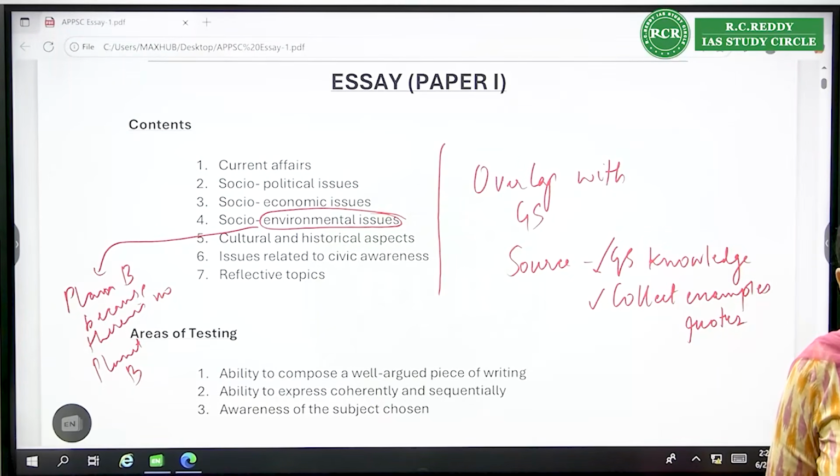So now imagine you including such quotes in your essay. Your essay will become more impactful. Examiner will understand that this person knows a lot about these subjects, right?